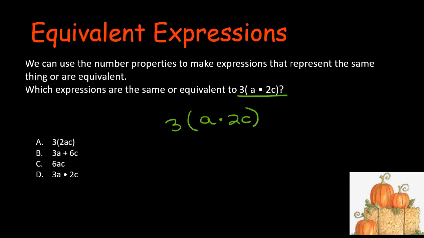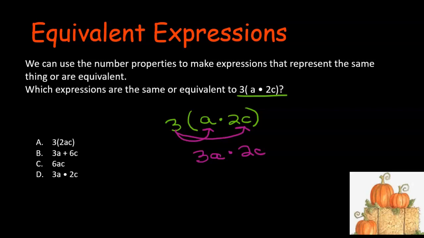Now we're going to come in and we're going to share. We're going to share our 3. Grandma's going to come in and share our 3 with our A. So 3 times A is just another word for 3A. Okay. Then, but she also has to share with the 2C because 2C is in the house also.